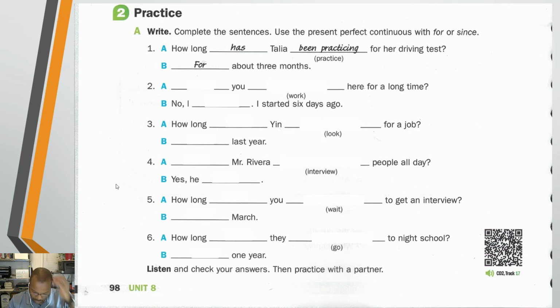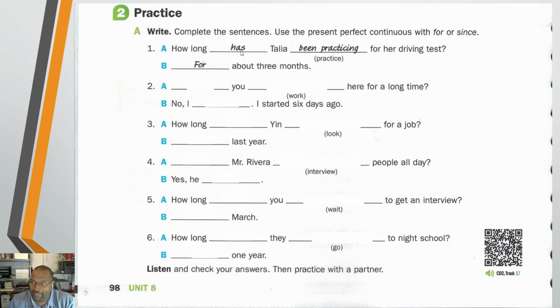Okay, so number 2, practice. Complete the sentences. Use the present perfect continuous tense with for or since. First one is done for us.